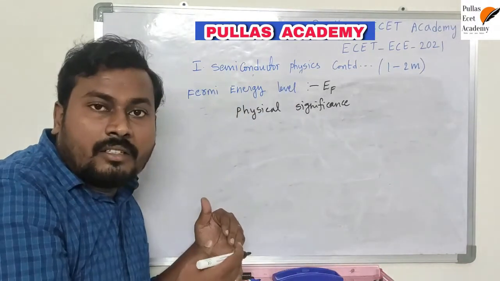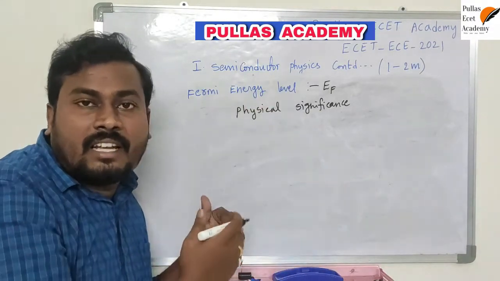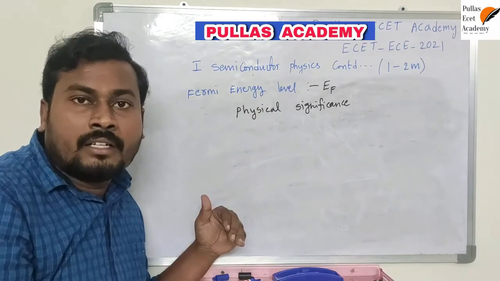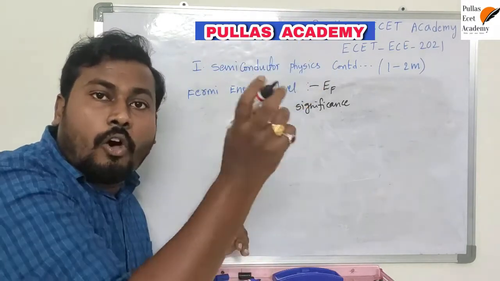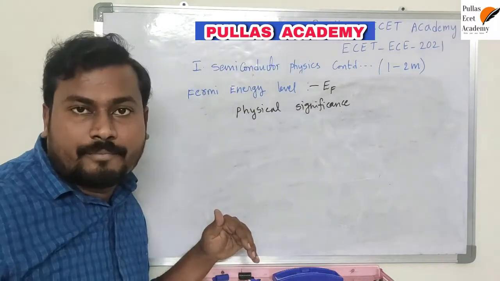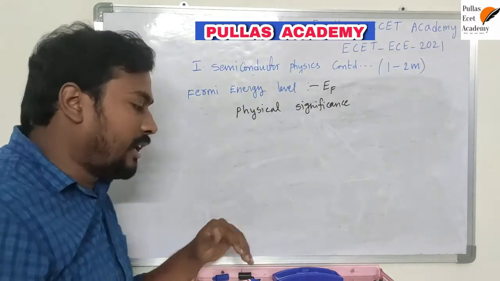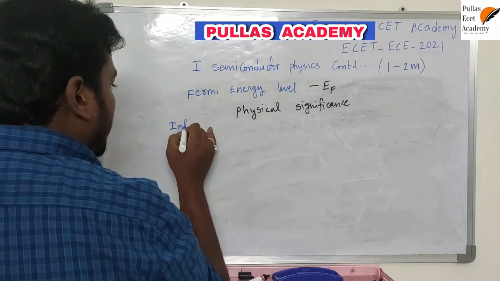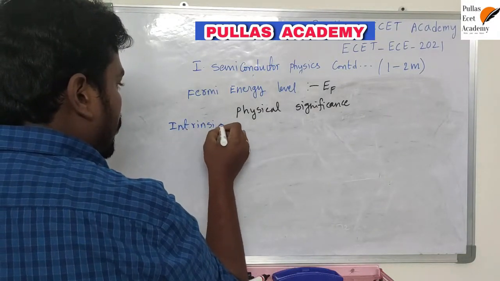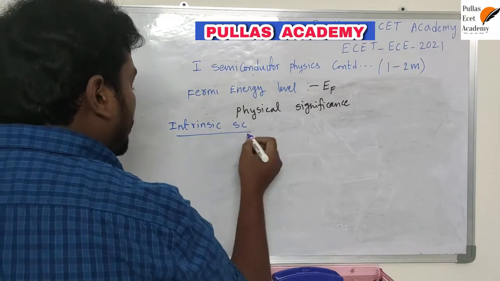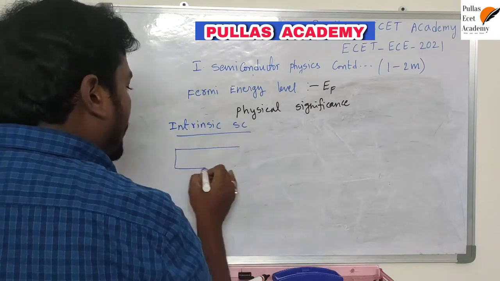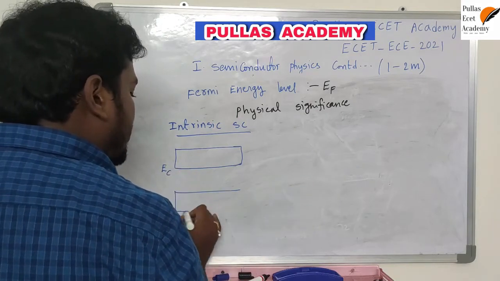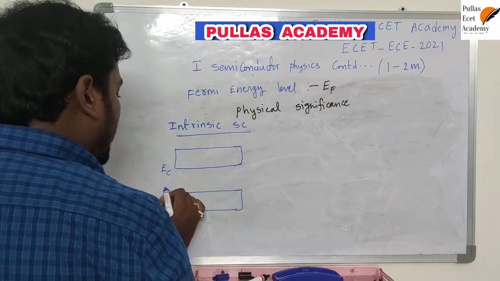Fermi energy level, it is that energy level below which all energy states are occupied and above which all energy states are unoccupied at T equal to 0 Kelvin. So if you are taking intrinsic semiconductor, let me explain this to you. Intrinsic semiconductor. So you have conduction band EC, you have valency band, this is EV.